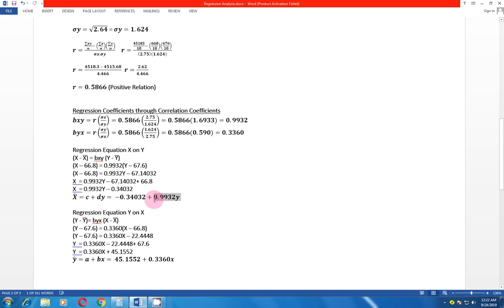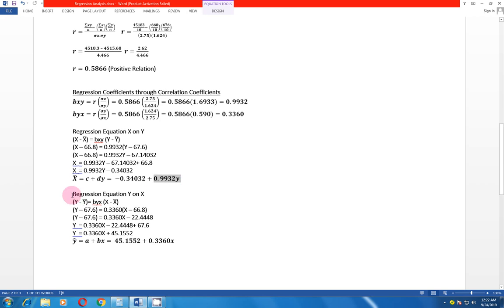This means that if there is an increase of 1 unit in the variable y, it will increase the variable x by 0.9932 units.